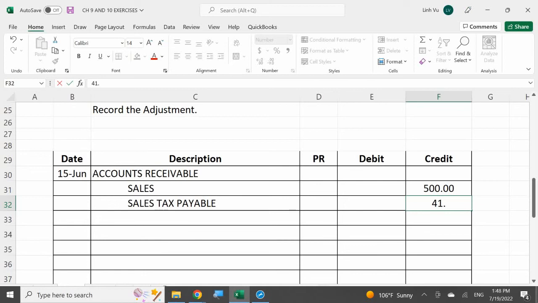Did you get a different number? I'm trying to punch it into a little calculator. Yes, I believe this number is different. 500 times, whoops, I'm getting numbers wrong. Sorry, it's 8.25% sales tax.